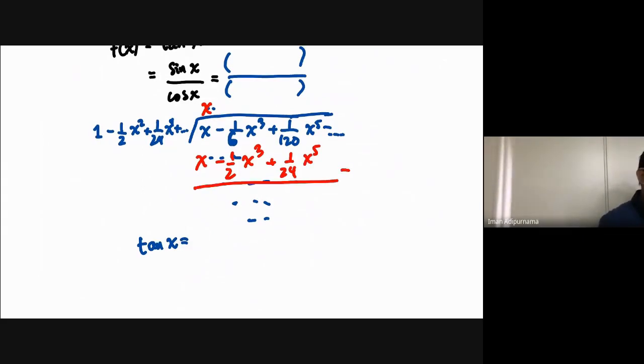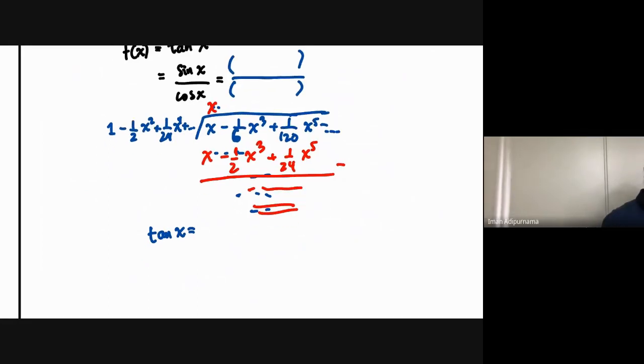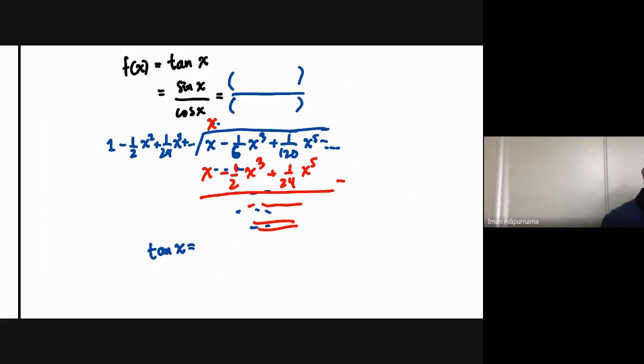And calculate this minus, you get the result here until you find the tangent x will be the x, and because it will not stop, okay?